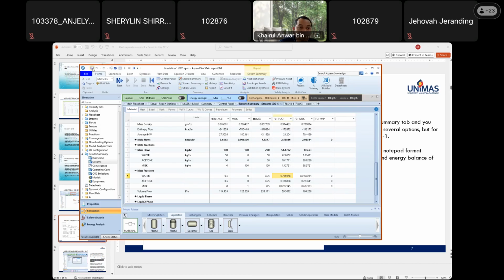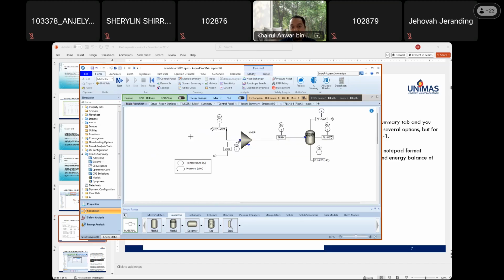Remember later we revisit this process because the goal is to increase the percentage. So we need another unit operation. But before that, we do some exercise first.